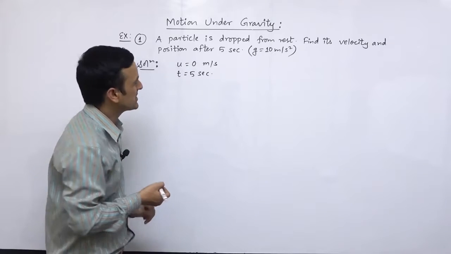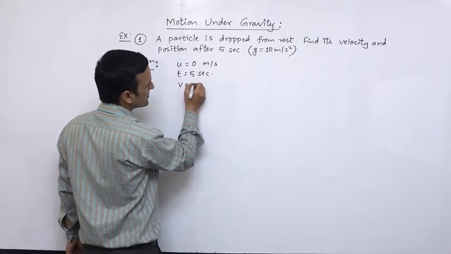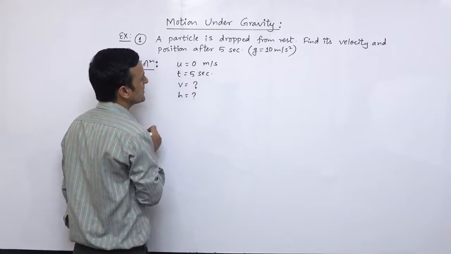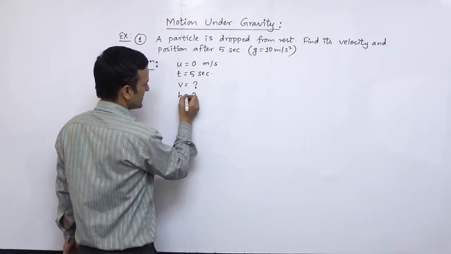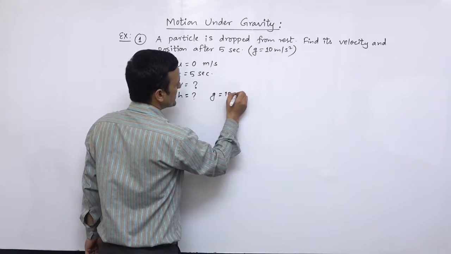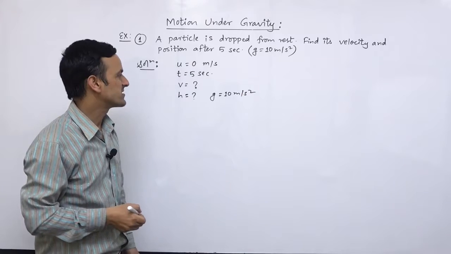So write down the unit also. And final velocity we don't know, and the position means at what height the particle is there. So h is equal to what, and the value of g is 10 meter per second square.